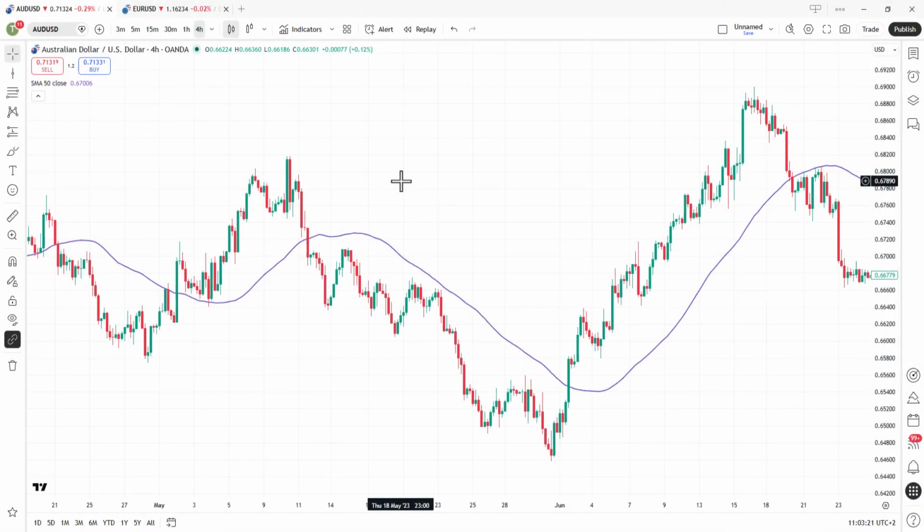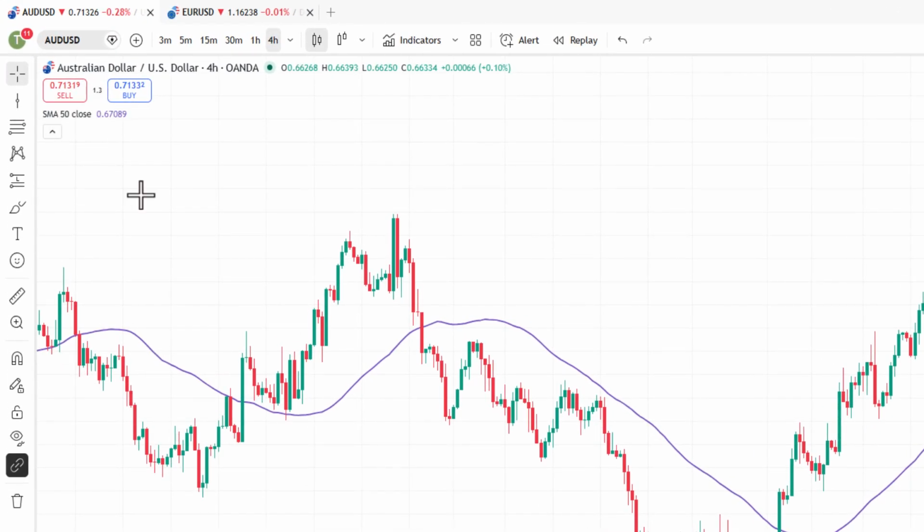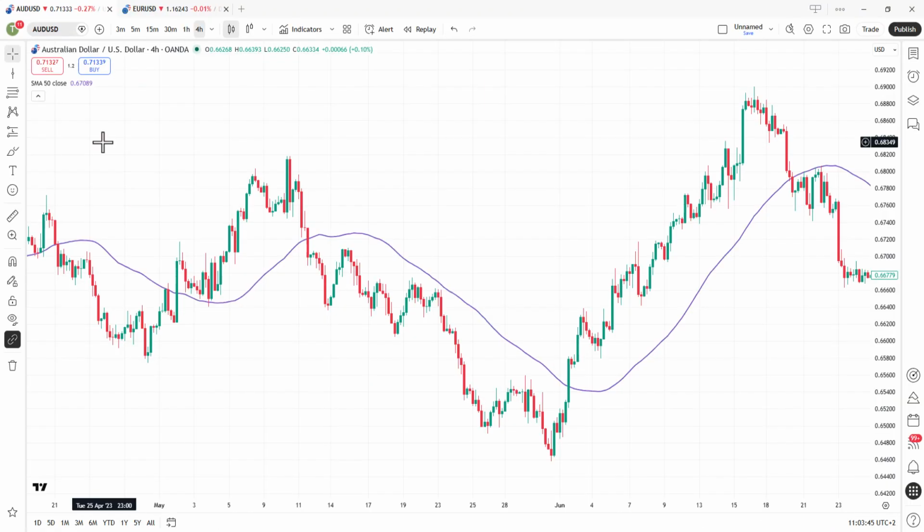Now I want to talk about the two most popular moving averages, which is the simple moving average, which we have added, and the exponential moving average, or EMA for short. And the main difference is how they calculate the price data, but both moving averages will look different on the chart. A simple moving average treats every candle equally in the calculation.